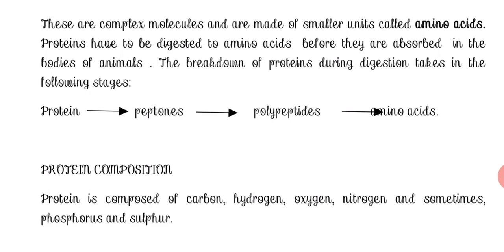The breakdown of proteins during digestion takes place in the following stages. That is, protein is broken down to peptones. From peptones it is broken down to polypeptides. From polypeptides it is broken down to give amino acids.